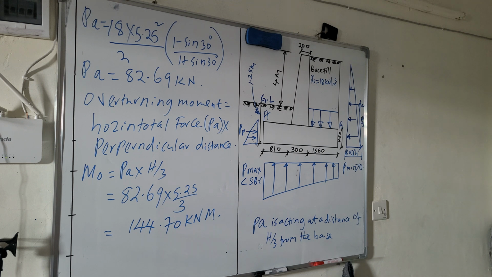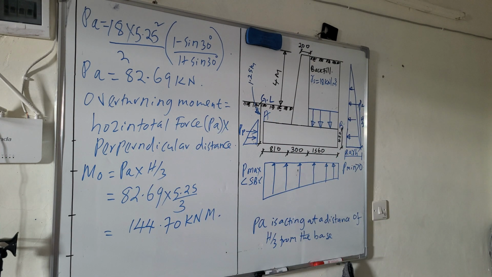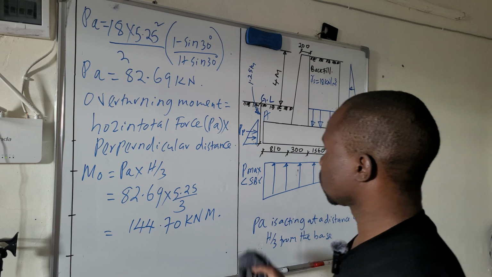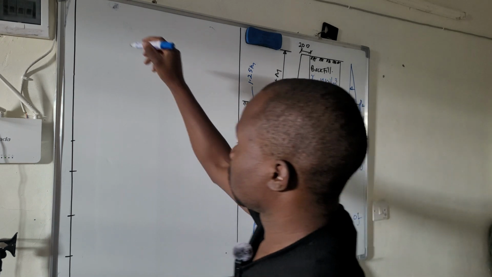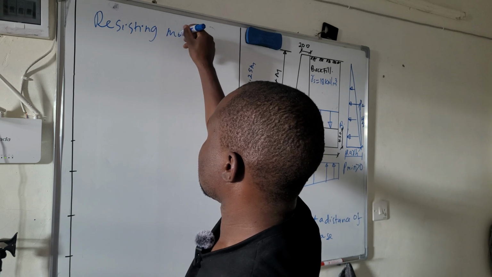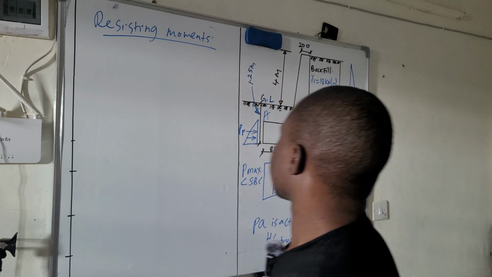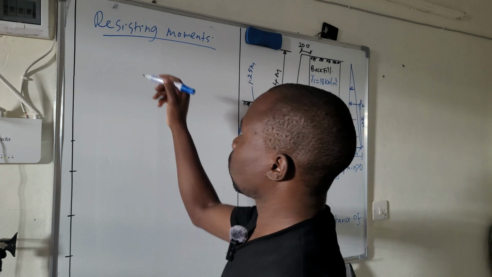We now proceed to another moment, which is the resisting moment. So I will erase here again. So the resisting moment is the moment due to vertical forces.